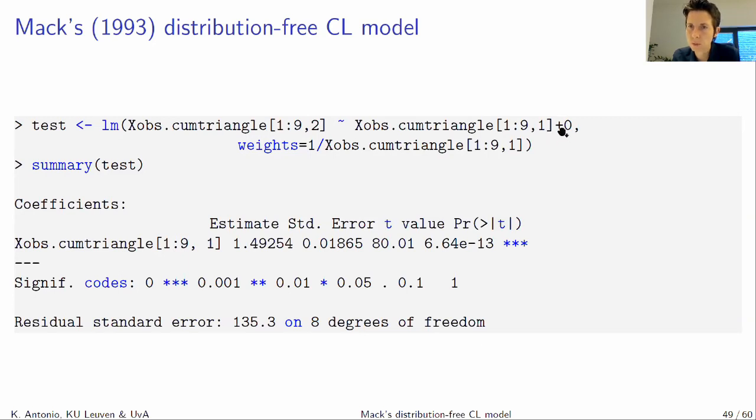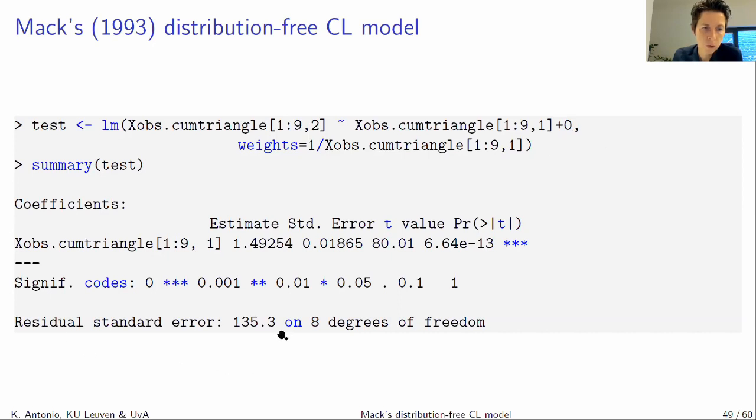I put the intercept to 0, so I do a plus 0, to say to R, okay, I don't need an intercept. These are the weights that I give. And what I then find for my beta estimate is 1.49. That's exactly the first development factor as we calculated in Mack.